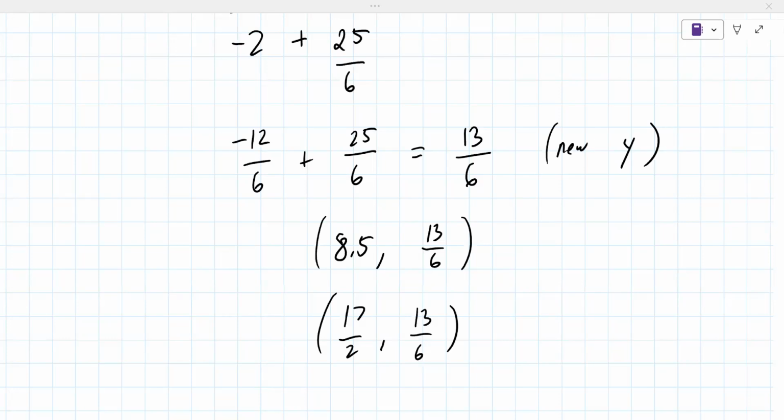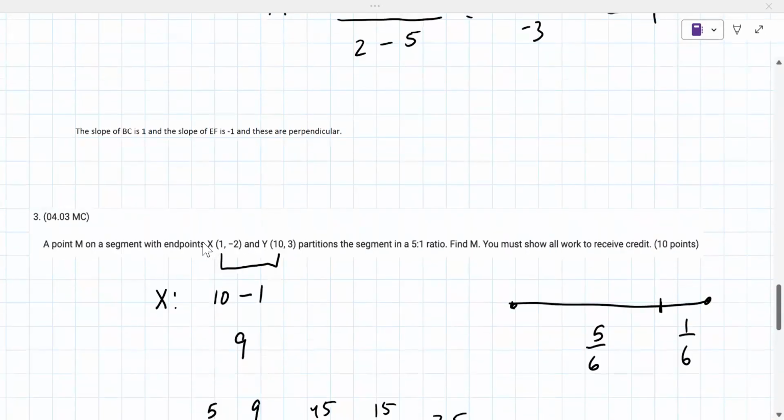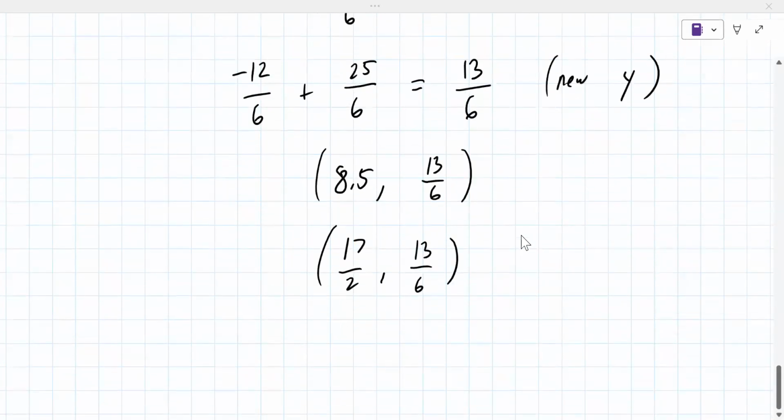Here, let me go back to the question. Are you still getting this down? Okay, so I was looking back at the question. The new coordinate is here. You need a new X and a new Y. Oh, that's M, so we want to label that as M. So M equals the coordinate pair (17/2, 13/6).